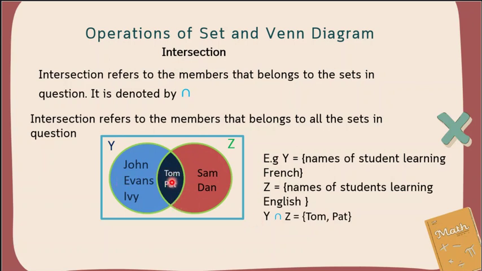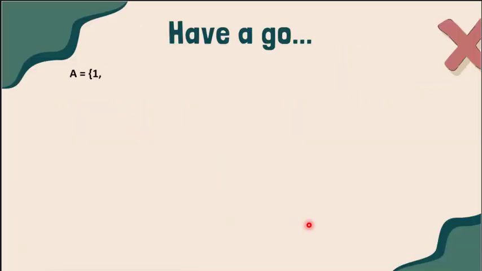We have Tom and Pat, which illustrates that Tom and Pat study French. At the same time, they study English. So in this way, you can see that the intersection between French students and English students are Tom and Pat. So Y intersection Z is Tom and Pat. That is how we illustrate the intersection when we are using the Venn diagram.